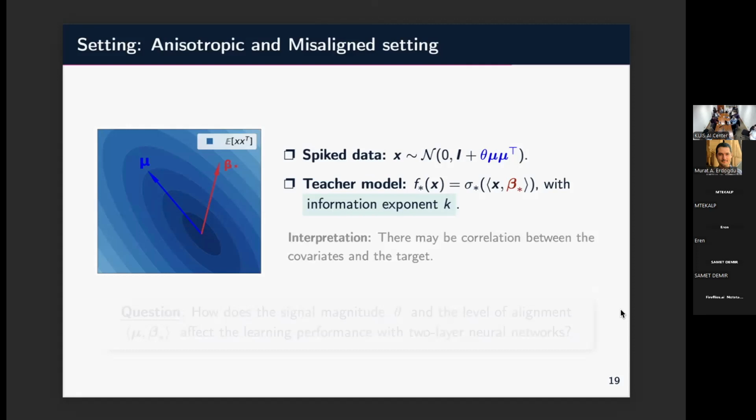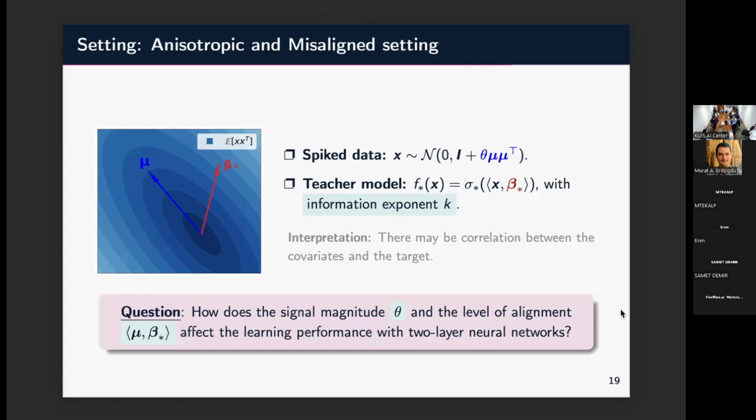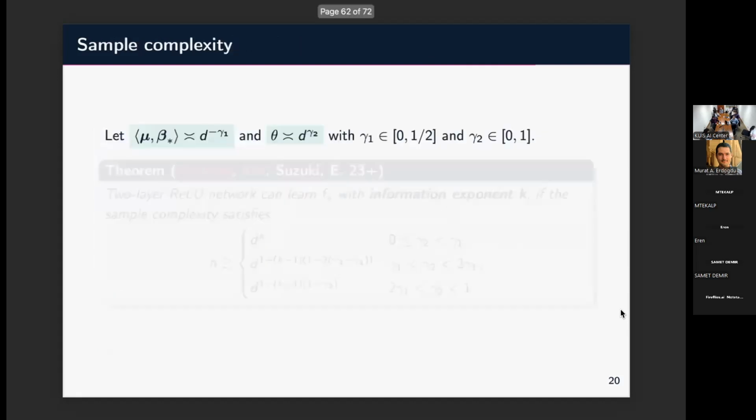In this case, the question that we ask is, how does the performance of neural networks depend on the signal magnitude theta and the angle between mu and beta star? I'm going to introduce two different parameters to simplify the exposition.